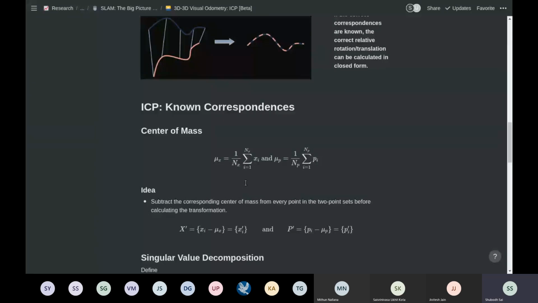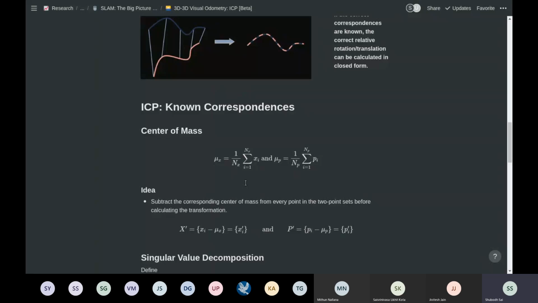From your first frame it is like 5 in the x direction, 3 in the y direction, and you have moved, translated by some distance, and in your frame it is something like 2, 1.